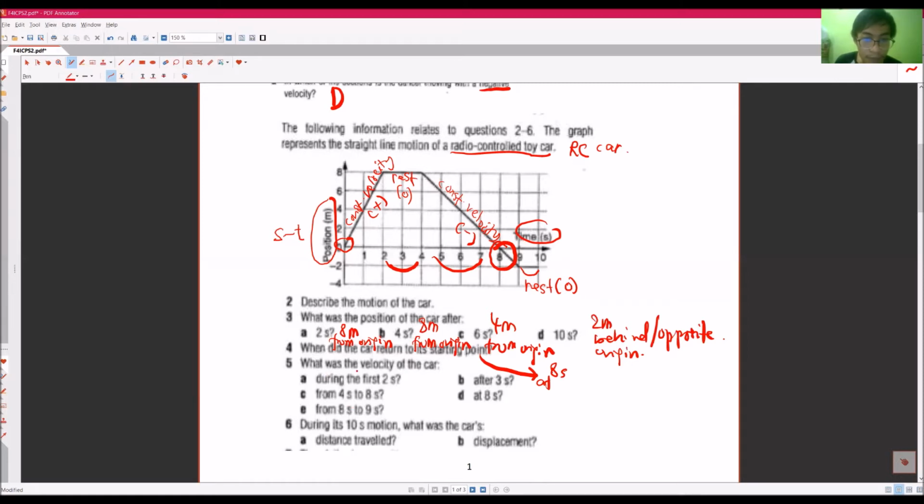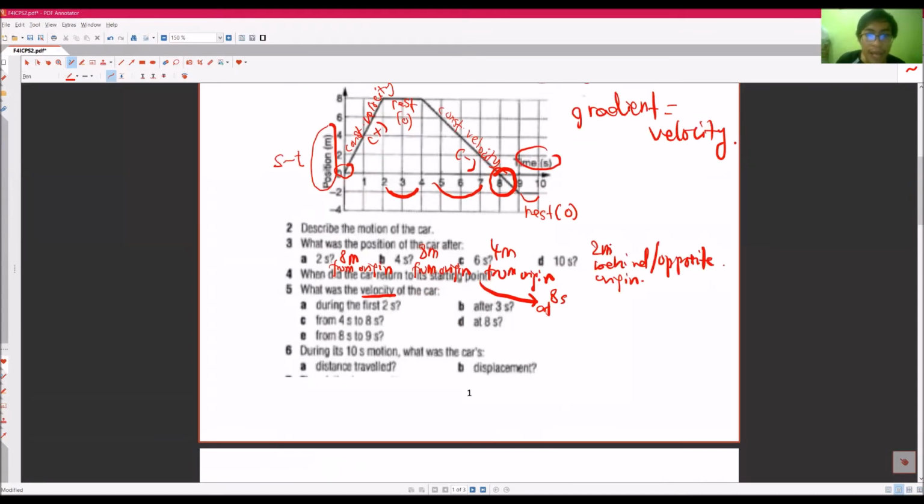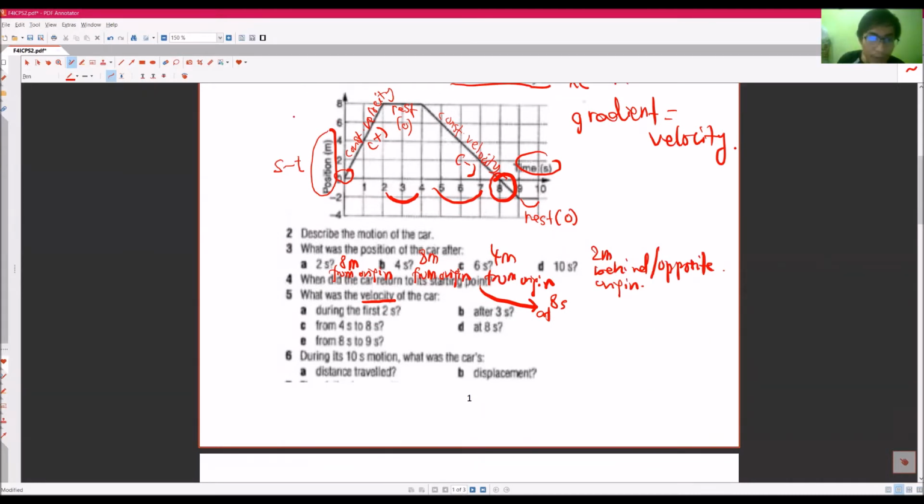So what was the velocity of the car during the first 2 seconds? In order to calculate the velocity, since it's the position time graph, the gradient is the velocity. So we need to find the gradient during the first 2 seconds.